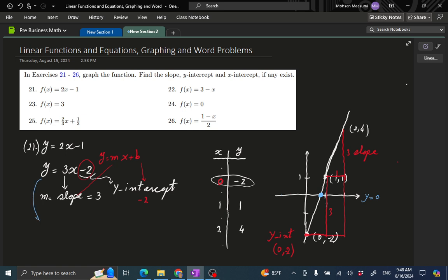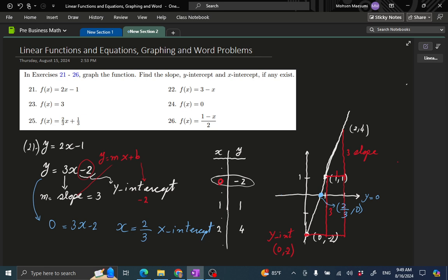We say if y is 0, what is x going to be? So we solve that equation, take the 2 to the other side, and divide. You should be able to do that quickly. You get x equal to 2/3. So that's going to be your x-intercept. So this point is the point 2/3 and 0. So we have answered all the questions for this one.